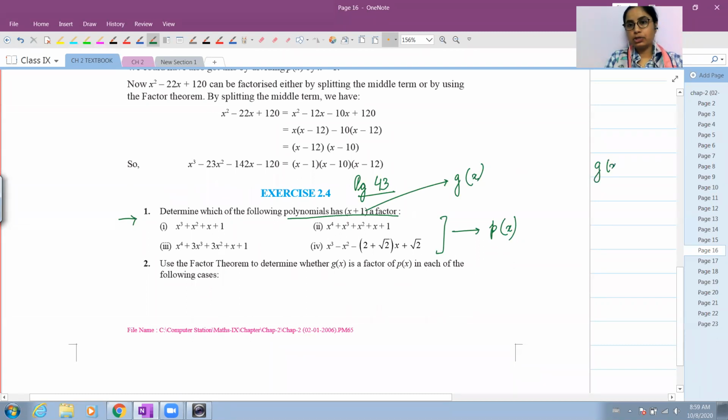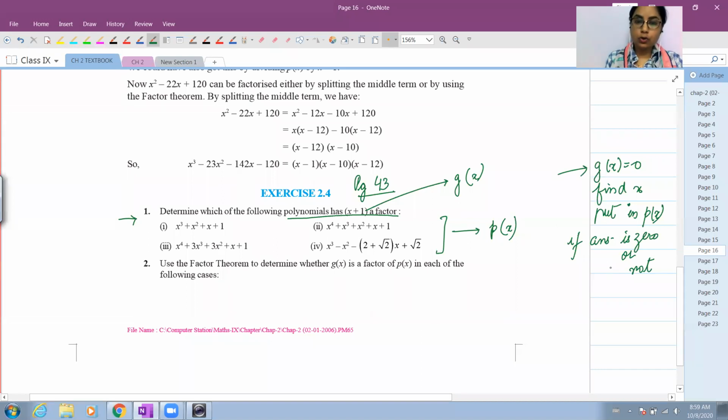You would be taking gx equals to 0, find x, and then put the value of x in px, and see if the answer is 0. If the answer is 0, gx will be a factor, and if the answer is not 0, gx will not be a factor. This is what we want to do here.